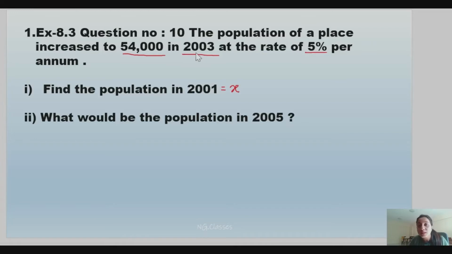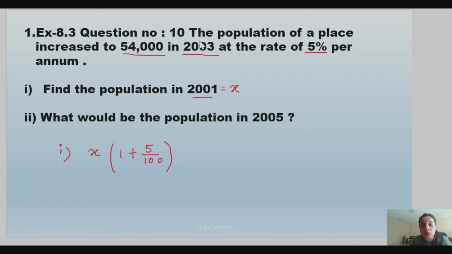The amount became 54,000. So it was X times (1 plus 5 by 100) after how many years?